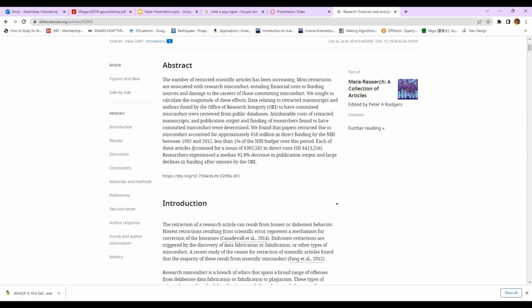Each of these articles accounted for a mean of $392,582 in direct cost, and other costs like transportation and whatnot, required for this kind of high-level research, can be estimated at around $500,000.